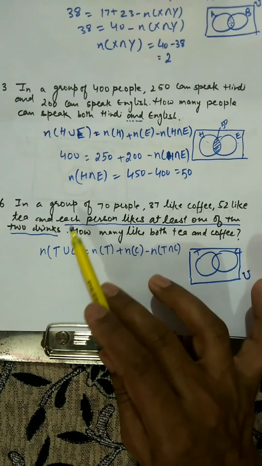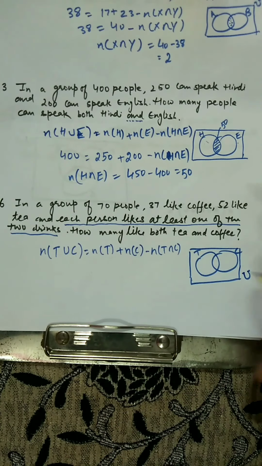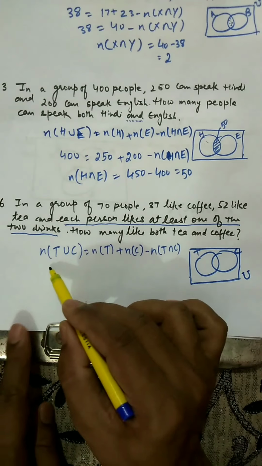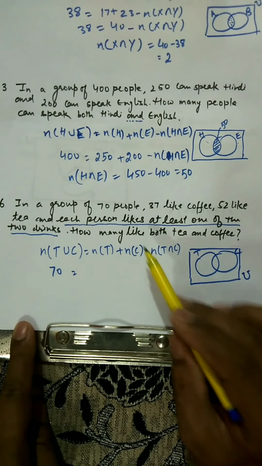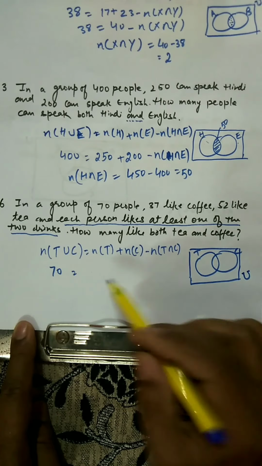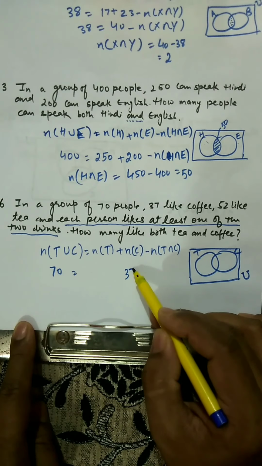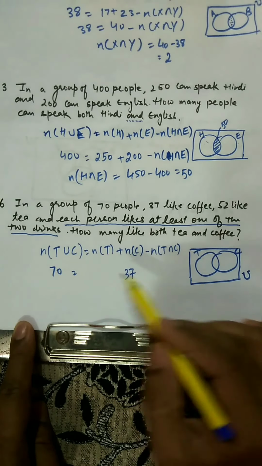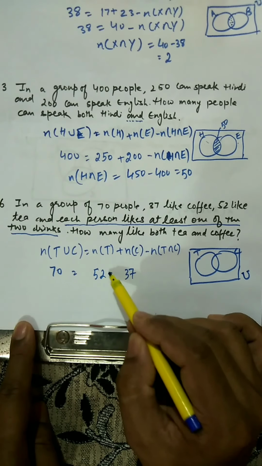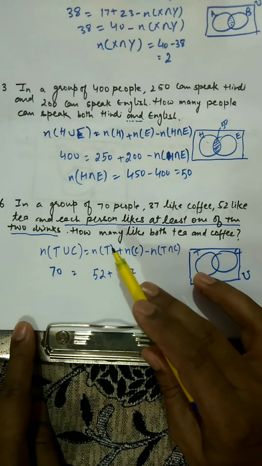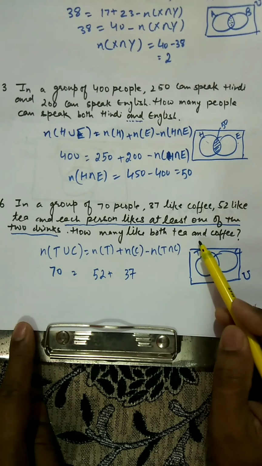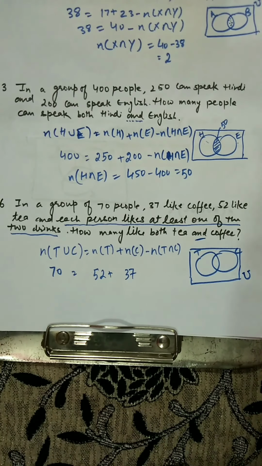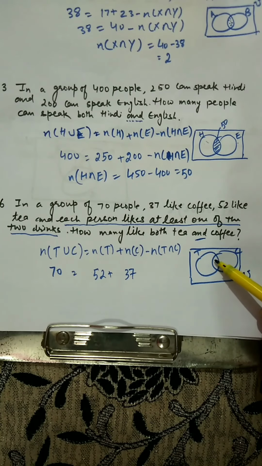According to this information, in a group of 70 people, the total is 70. The number of people who like coffee is 37, and 52 like tea, and each person likes at least one of the two drinks. How many like both tea and coffee? This "and", as I told you earlier, means the intersection.